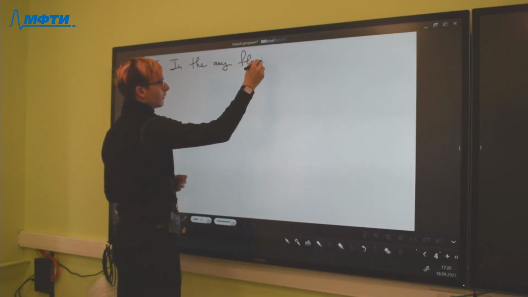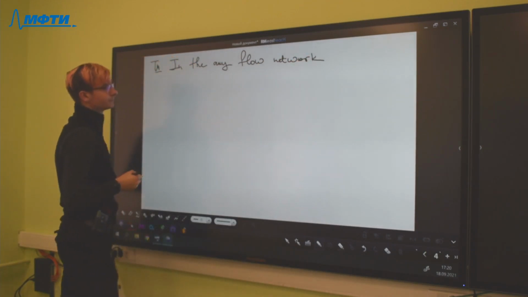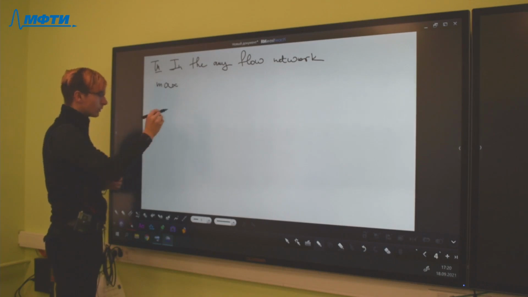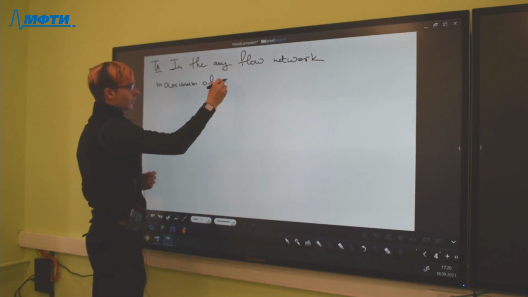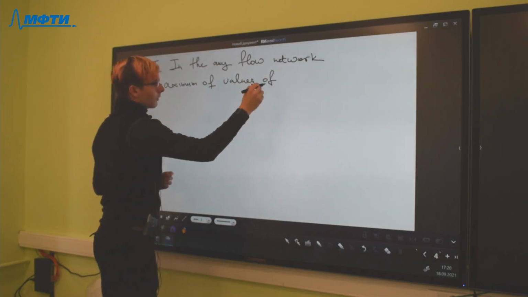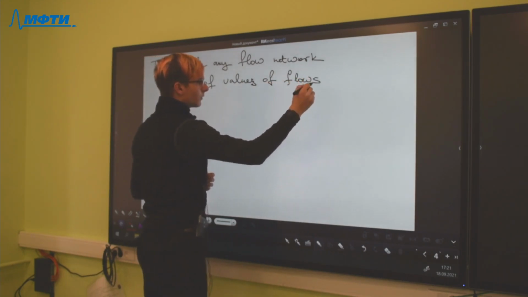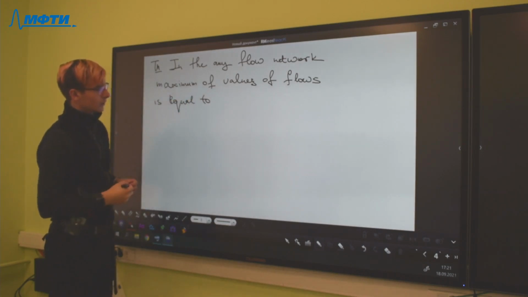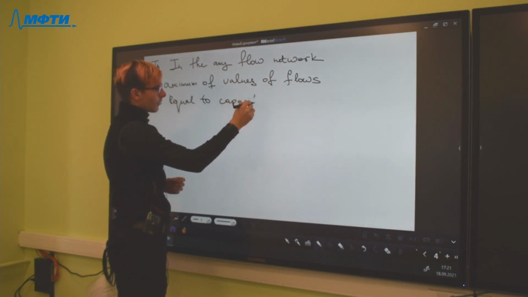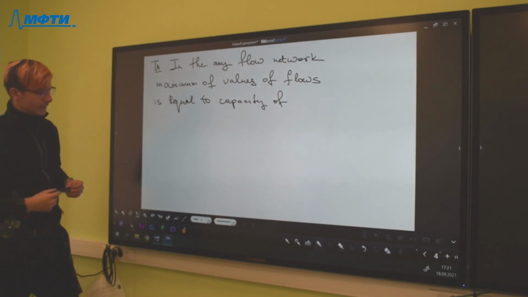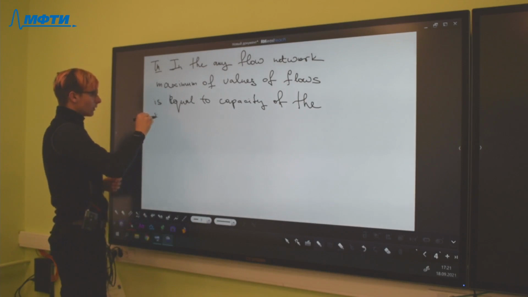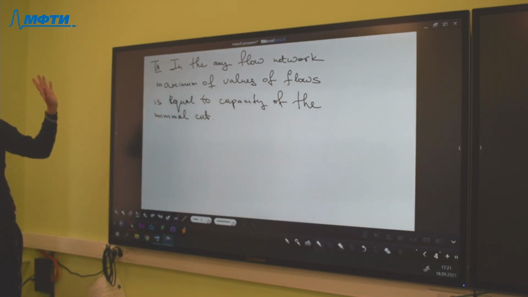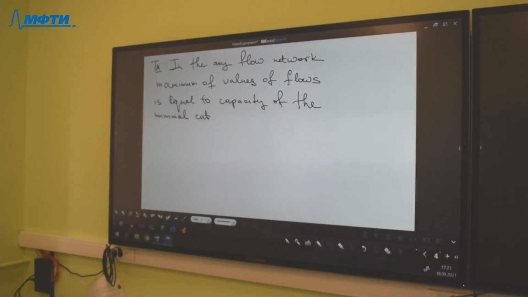Any flow network, the maximum of the values of flows is equal to the capacity of the minimal cut, and I will say more about it in some minutes too.